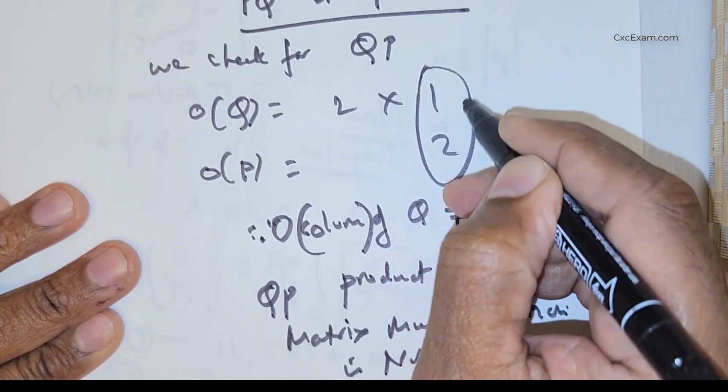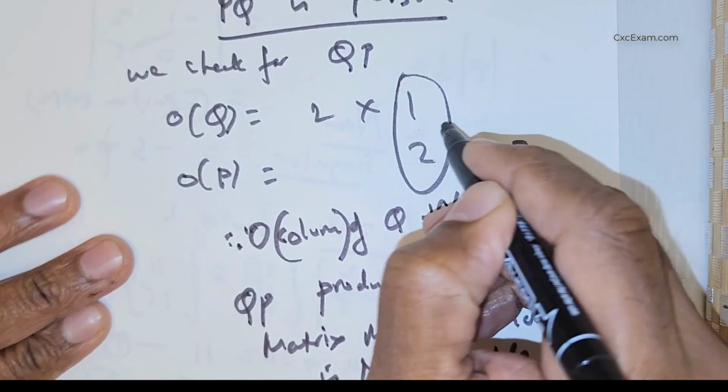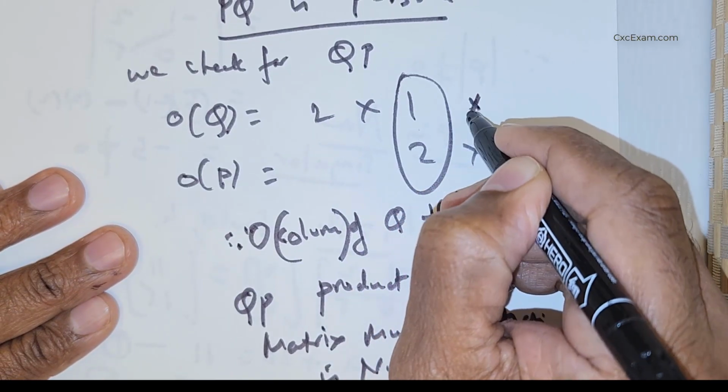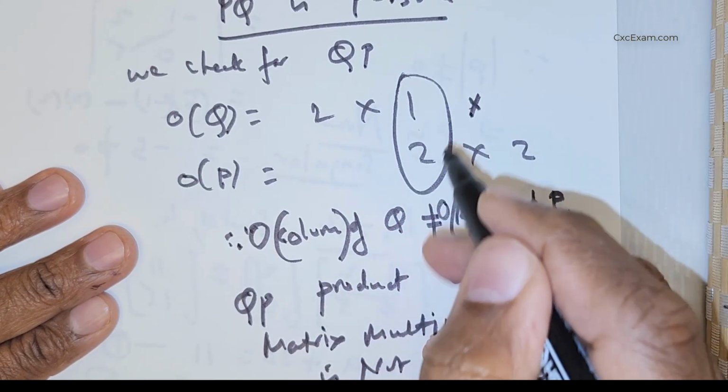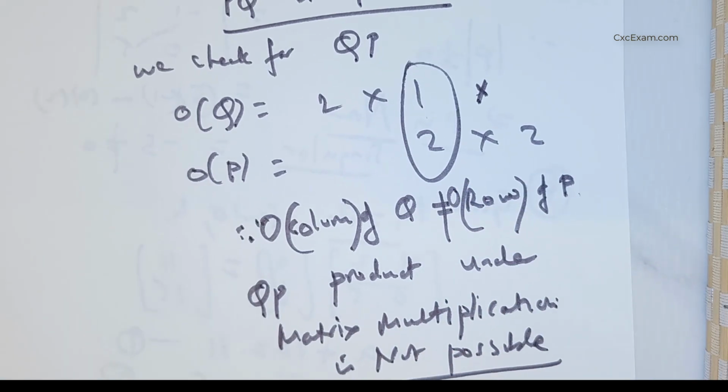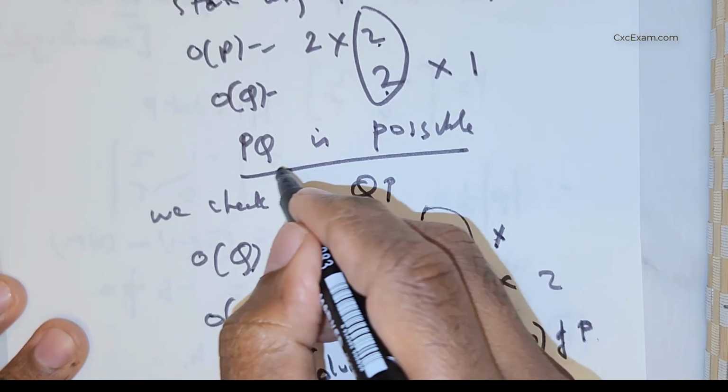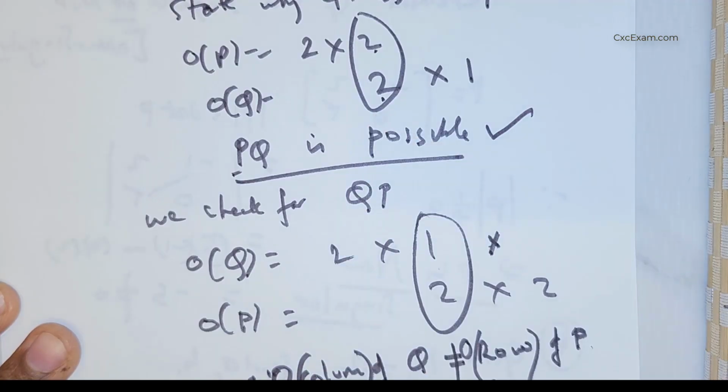Okay, so they do not agree. You can put a cross mark like this. So that's why the multiplication of QP is not possible, but PQ is possible.